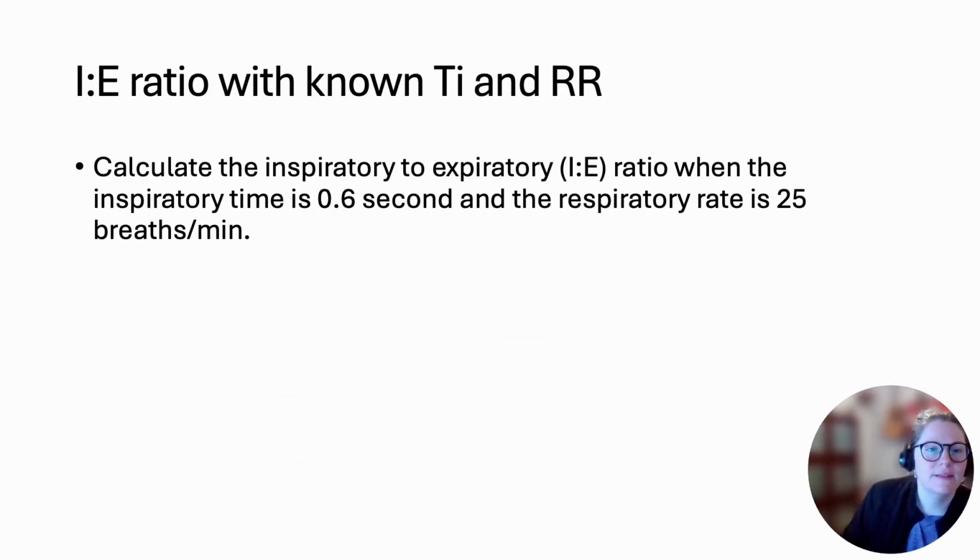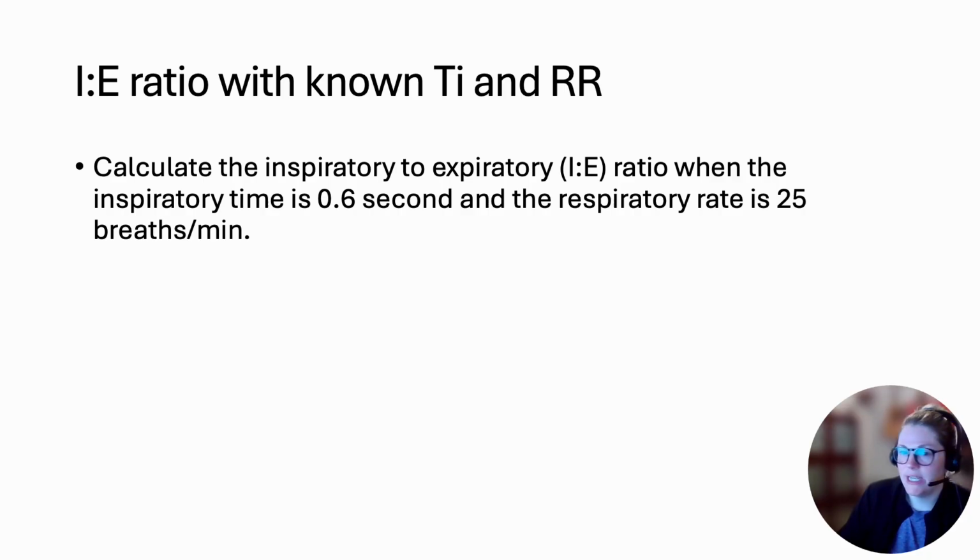All right, let's move on to this problem. We are trying to figure out what the I to E ratio is with a known I time and respiratory rate. So let's jump in. Calculate the inspiratory to expiratory ratio when the inspiratory time is 0.6 and the respiratory rate is 25 breaths a minute.